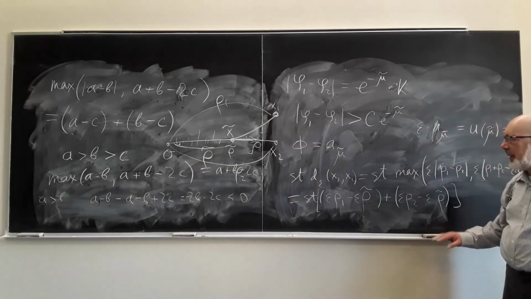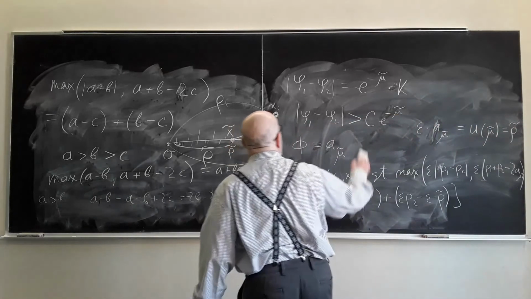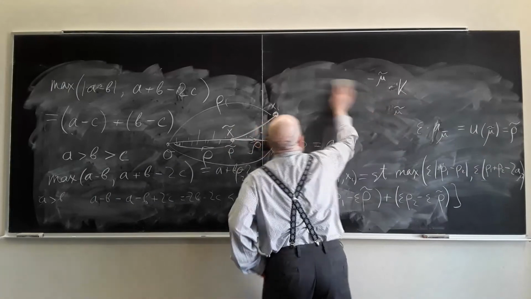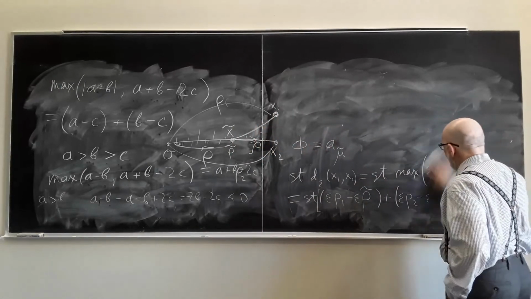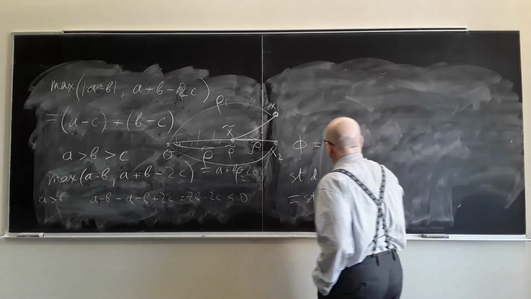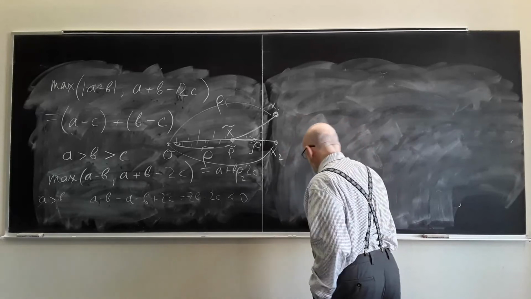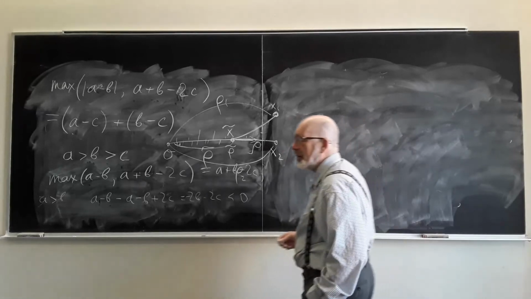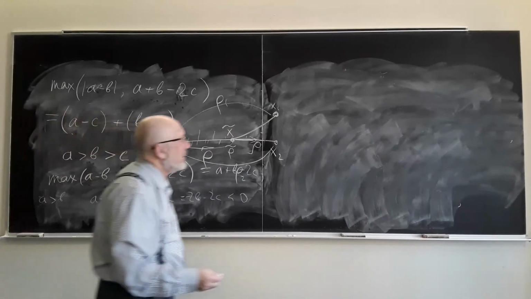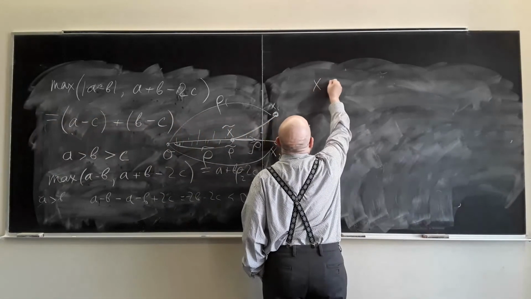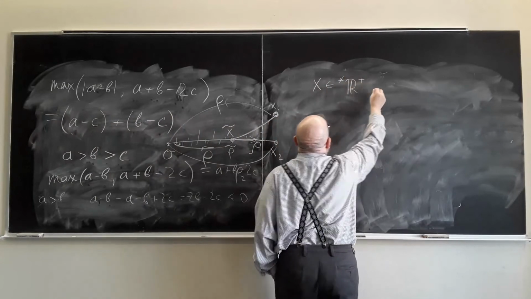So we have a partial correspondence. We have a partial correspondence for any number x in star R plus.